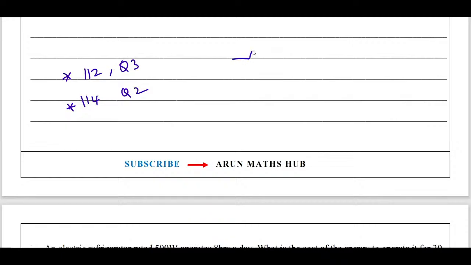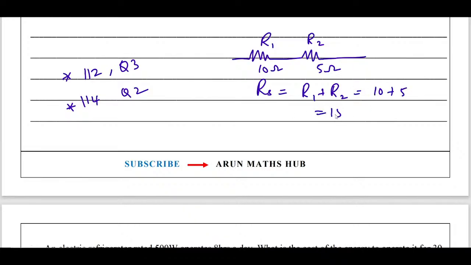When the resistances are connected in series, the effective resistance is what? Just add the resistors. If it is 10 ohm and 5 ohm, the effective resistance will be 10 plus 5, which is equal to 15 ohm. The effective resistance RS equals 15 ohm.